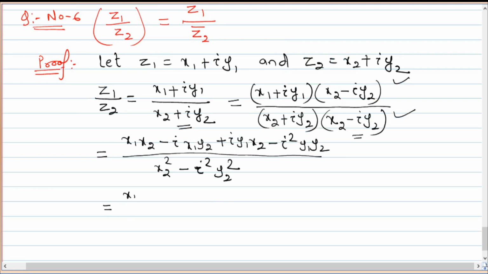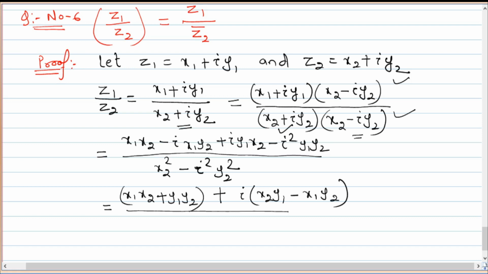This is nothing but x1 x2 minus, look, i square is -1, so minus times minus gives plus, x1 x2 plus y1 y2, minus i or plus i taking as common, x2 y1 minus x1 y2, divided by x2 square plus y2 square.